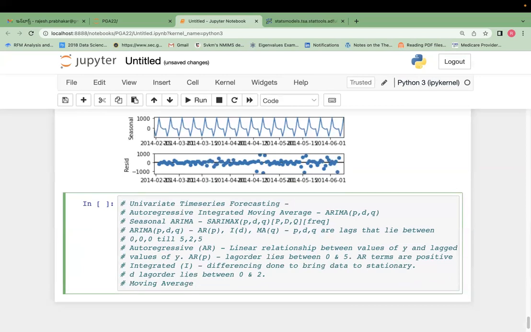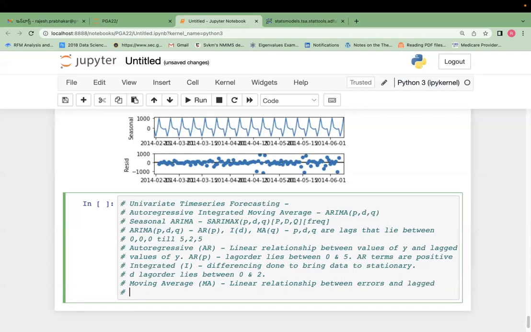Moving average, or the MA, is the linear relationship between errors and lagged errors.